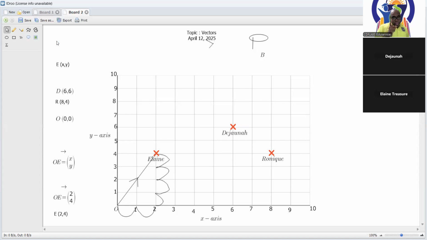It is the same thing. So we can plot it on the graph. Both of you put it on the graph paper, but Elaine, you're going to tell me vector OR, right, Elaine?